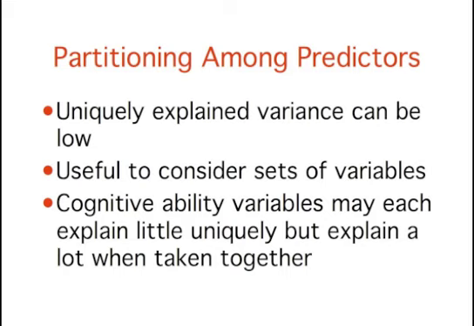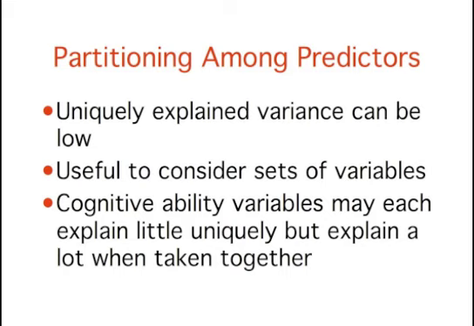For example, assume you are interested in predicting job performance from a large number of variables, some of which reflect cognitive ability. It is likely that these measures of cognitive ability would be highly correlated among themselves, and therefore no one of them would explain much of the variance independently of the other variables. However, you could avoid this problem by determining the proportion of variance explained by all the cognitive ability variables considered together as a set.